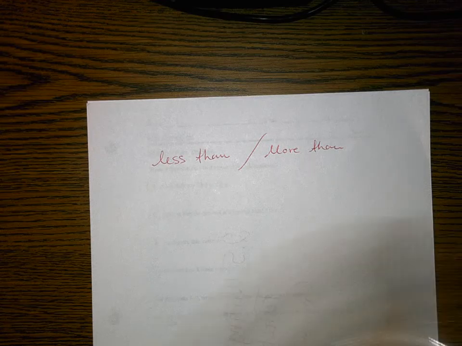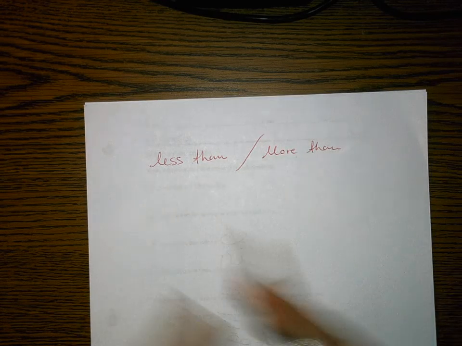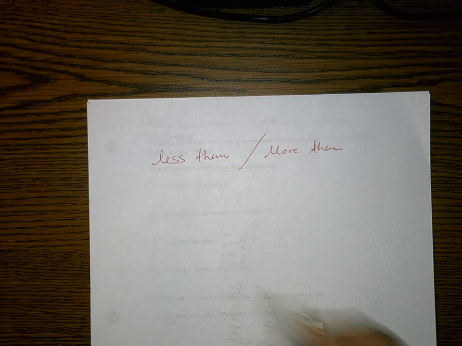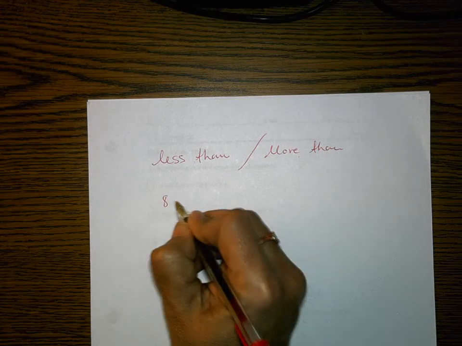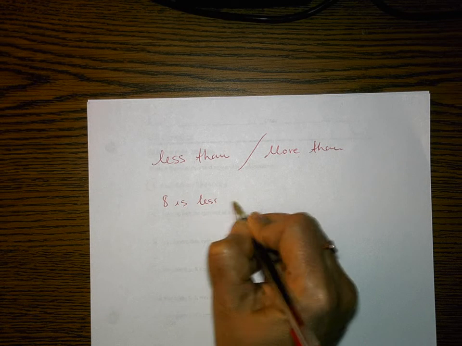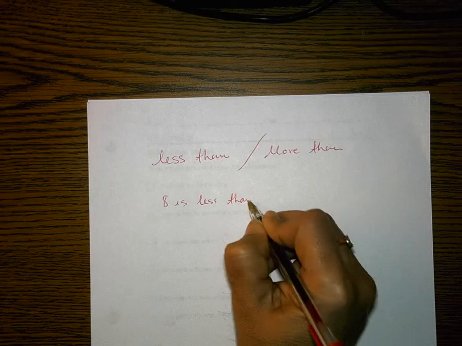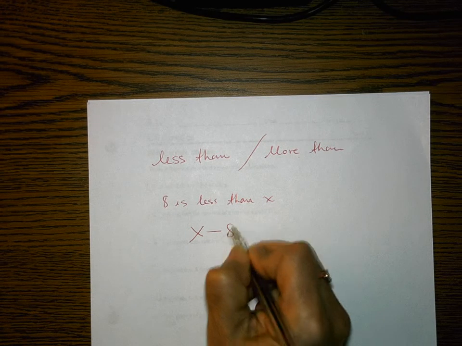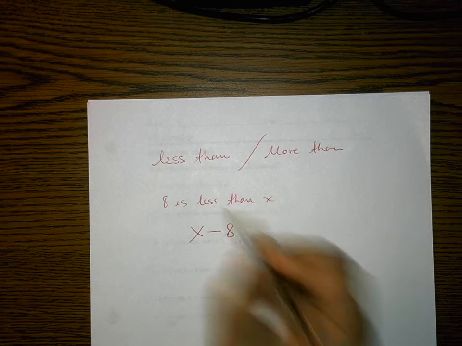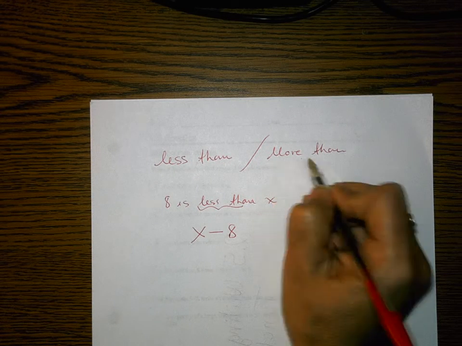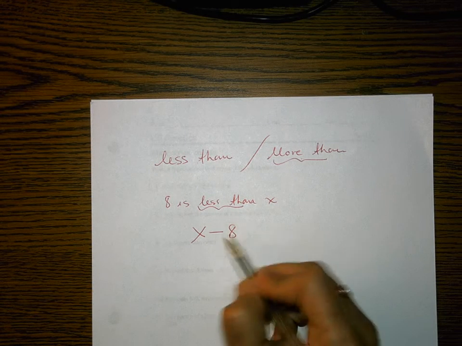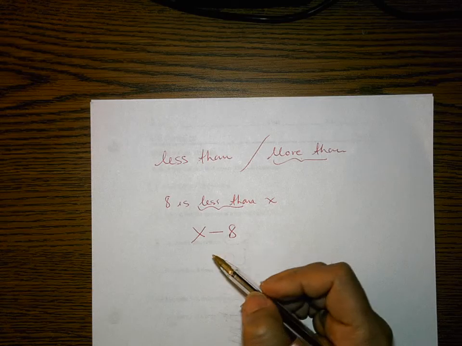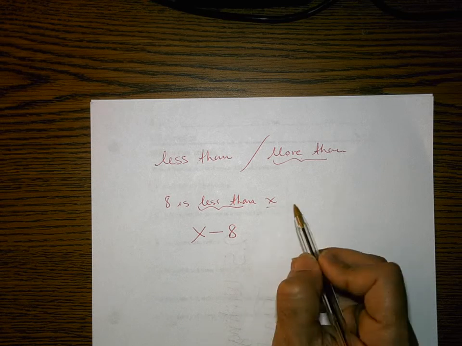So you always want to subtract or add something at the end of a mathematical expression. So if I say 8 is less than x, well, I want to know what x is first, and then I'm going to subtract the 8. Because that's what the less than or the more than usually are, something that you do at the end. You first need to know the original value first, which is x.